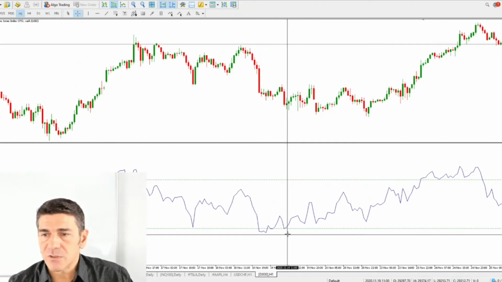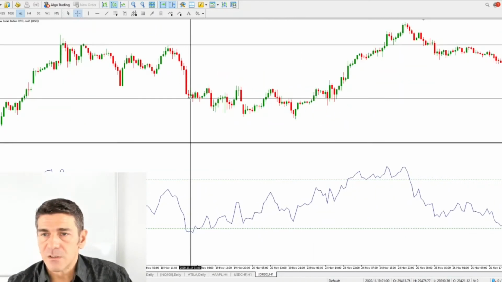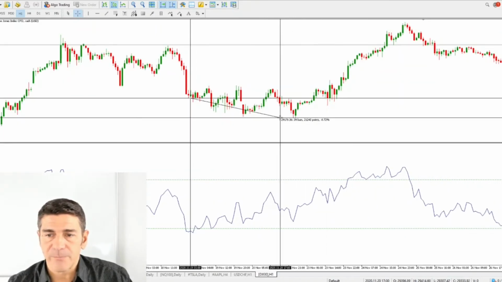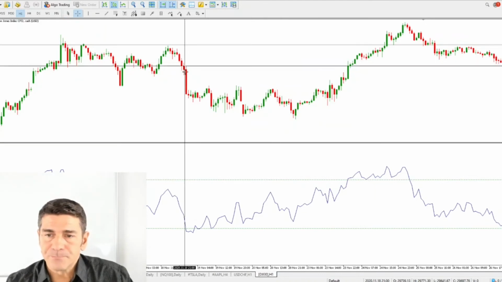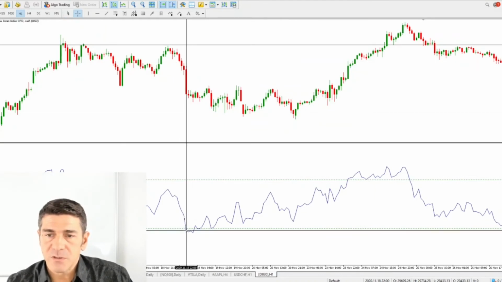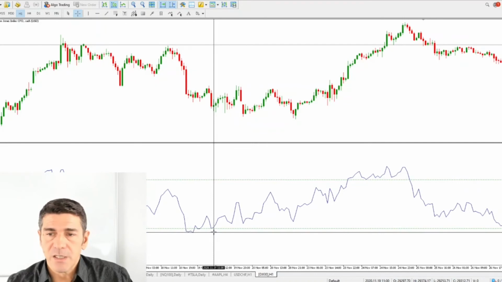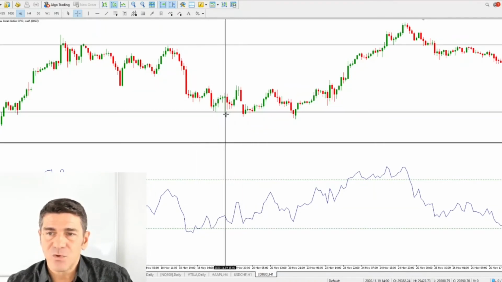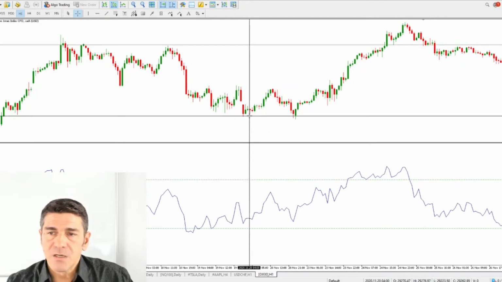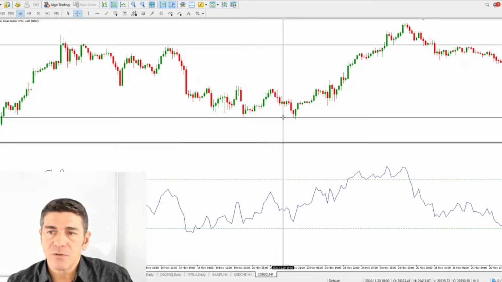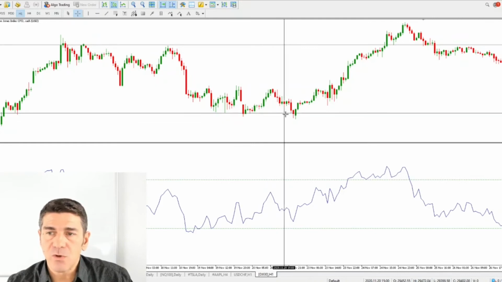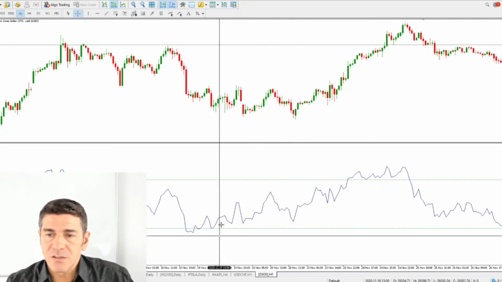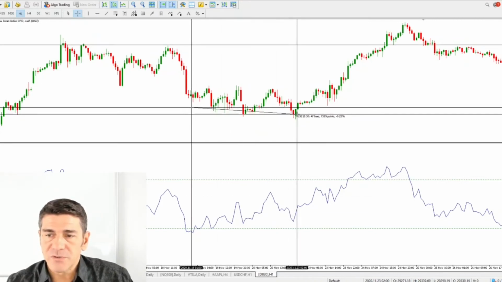Let's take a look right here for this period of time. Pretty soon, the RSI reached the zone of oversold market, and since then the market continued to reach new dips, new lower prices, and this continues for a relatively long period of time.